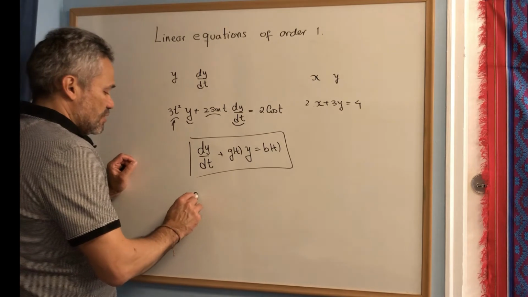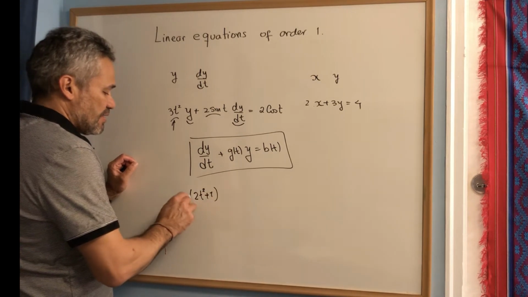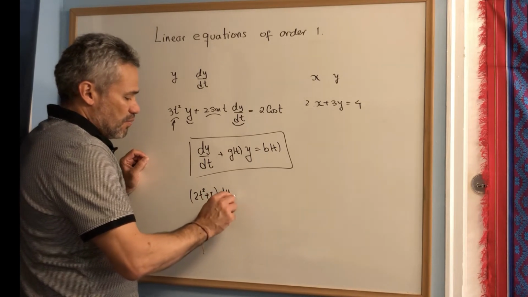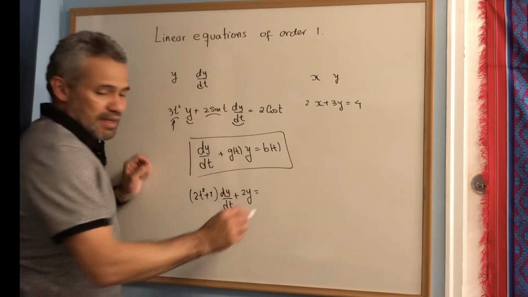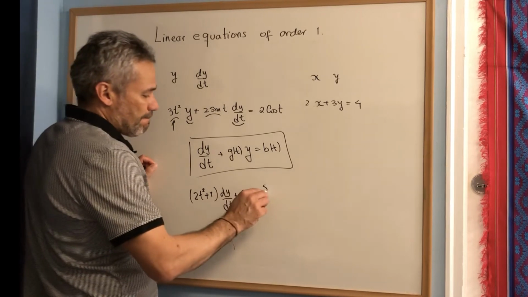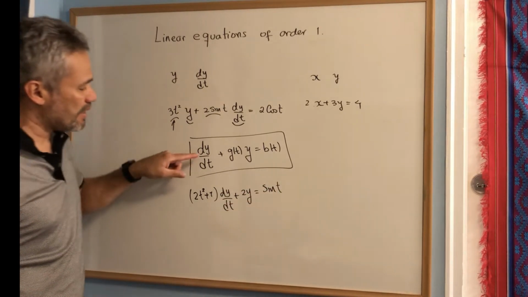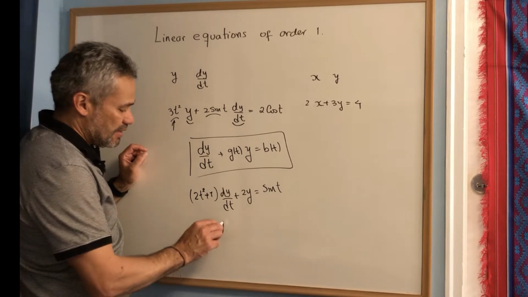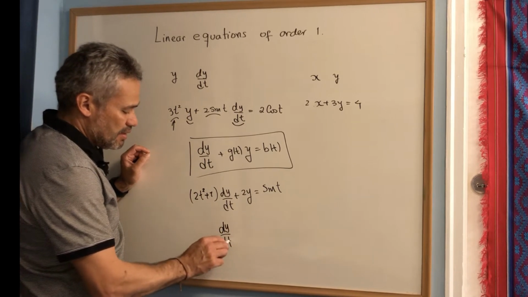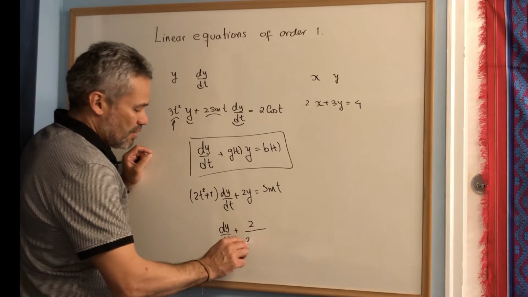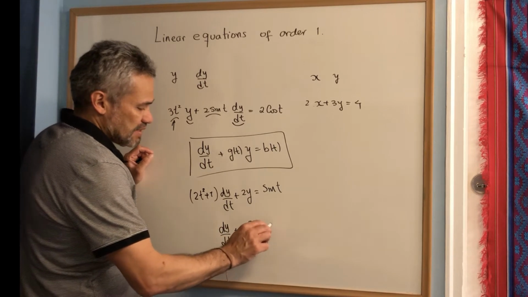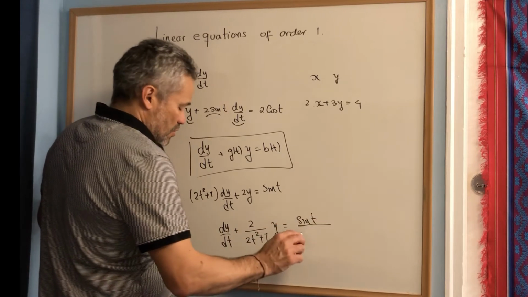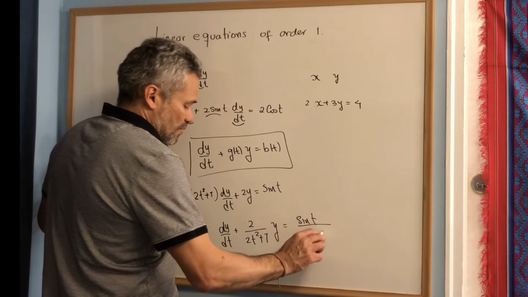If you have something like (2t squared plus 7) dy/dt plus 2 times y equal to sine of t, then I can make it look like that by dividing by 2t squared plus 7. Then I will get dy/dt plus 2 over (2t squared plus 7) times y equal sine of t over (2t squared plus 7).